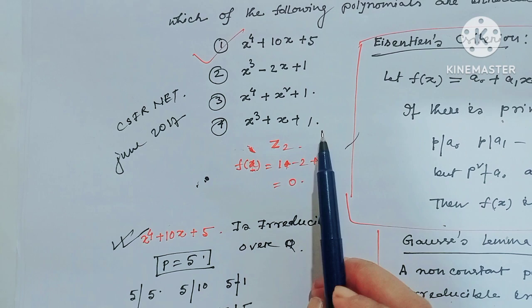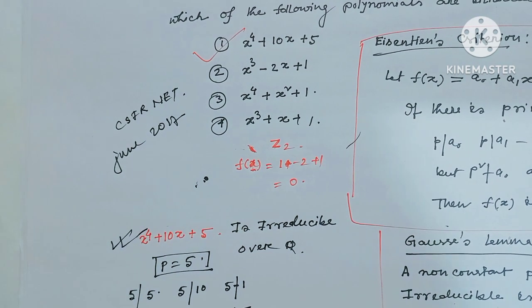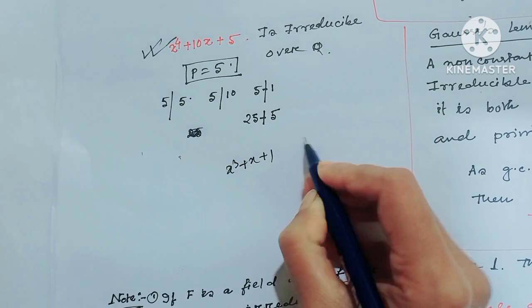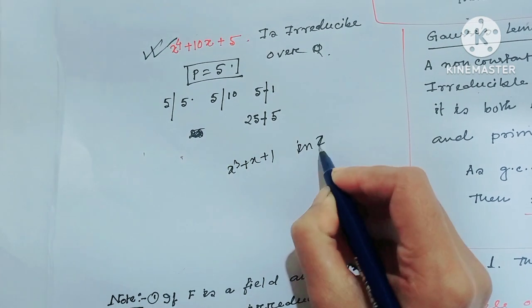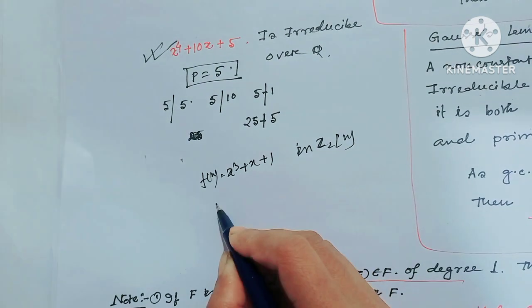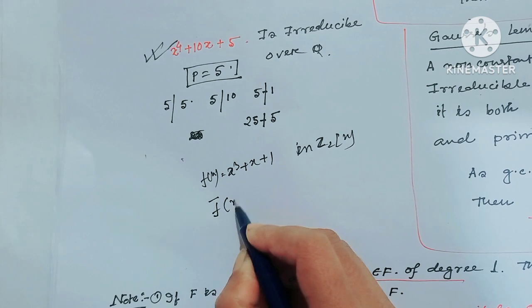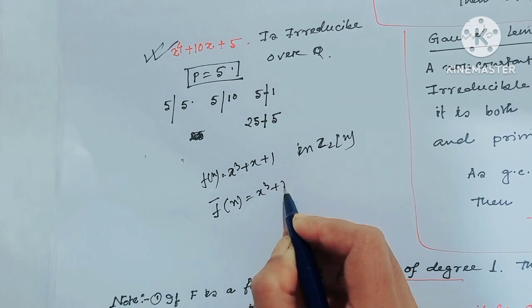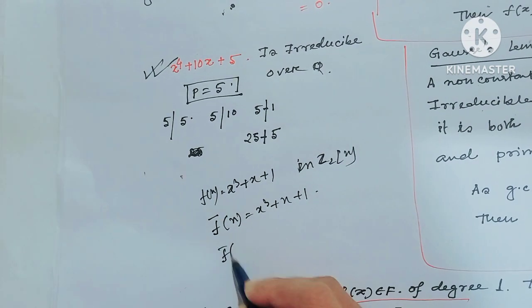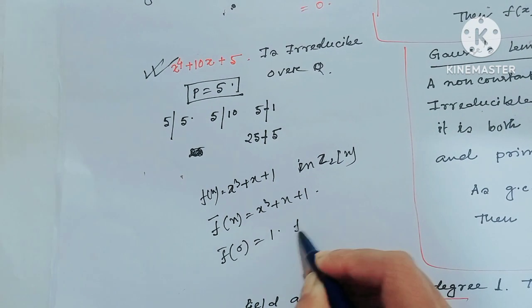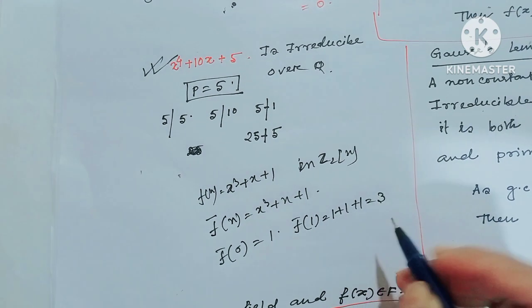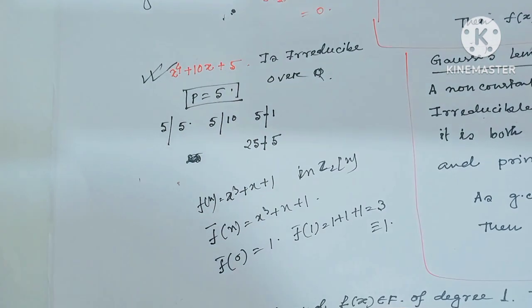Here I will apply the mod p test. x cube plus x plus 1 in Z2[x]. Consider this is f(x). Consider in Z2[x] f bar x would be x cube plus x plus 1, and f bar 0 equal to 1, f bar 1 equal to 1 plus 1 plus 1, which is 3, which is congruent to 1.